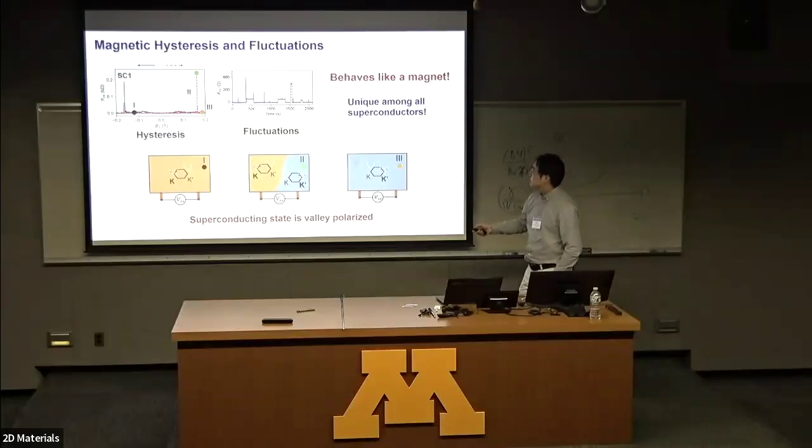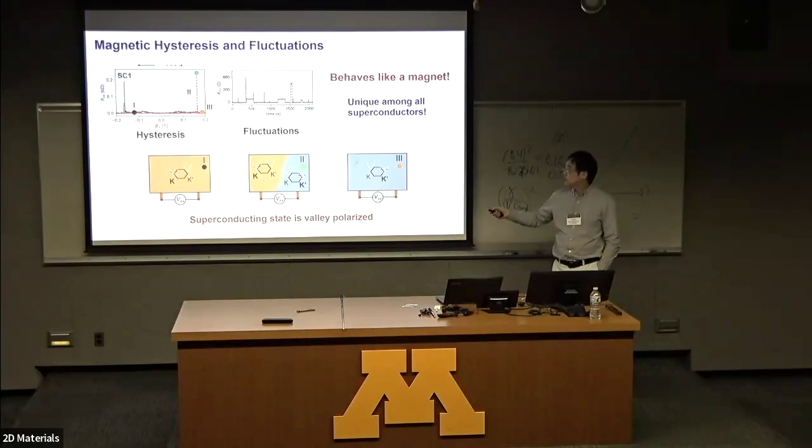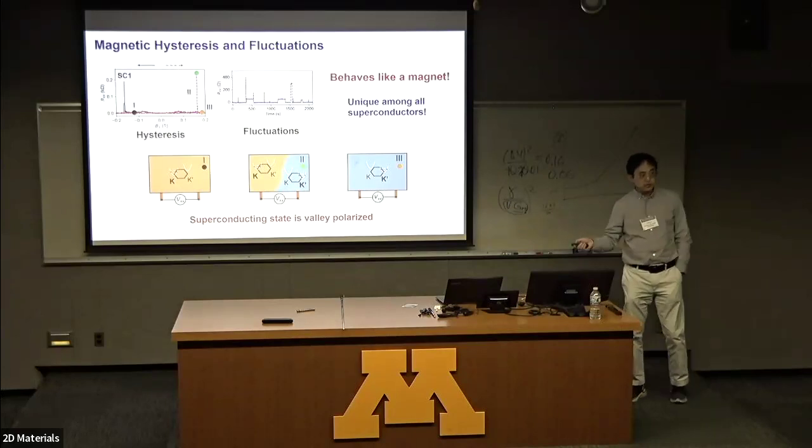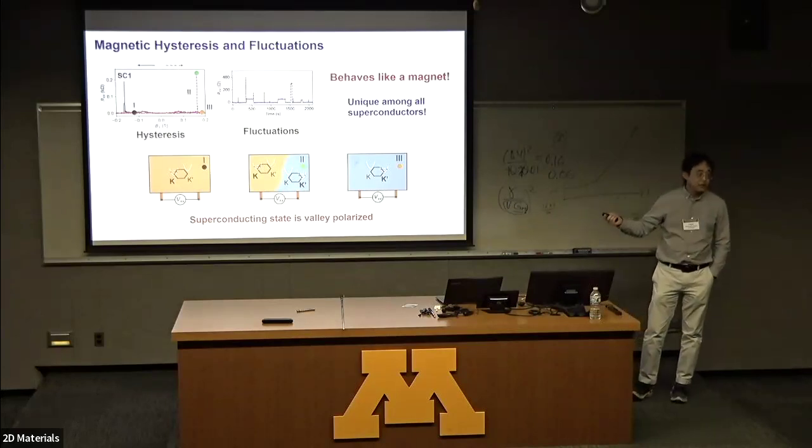And the most bizarre observation we made in this SC1 and SC2 is that they behave as magnets when you apply an out-of-plane magnetic field. It's 0 resistance, tells you it's a superconductor, but when you scan the field back and forth, it goes from 0 to finite and back to 0. And when you scan back the magnetic field, it's 0, finite, back to 0. But these 2 peaks have a very obvious delay. If I don't tell you it's a superconductor, you may say, oh, it's a ferromagnetic metal, and it has hysteresis.